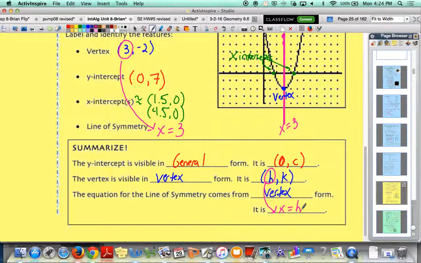So it's always going to be an x equals equation because every vertical line, which a line of symmetry is, is going to have an undefined slope, and therefore we'll have an x equals equation, and whatever that number is, that's going to go in this spot right here. So you'll notice in our example, our vertex was 3, -2, so the equation for the line of symmetry was x equals 3. If this had been 5, -2, then the line of symmetry would be x equals 5. Always works like that.